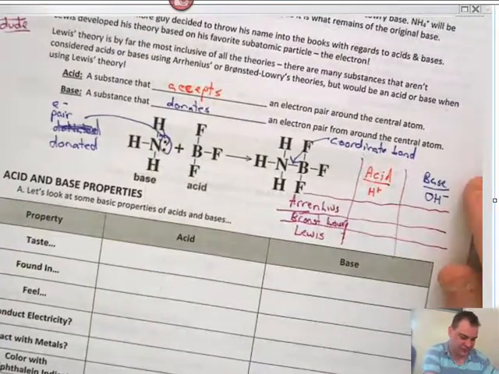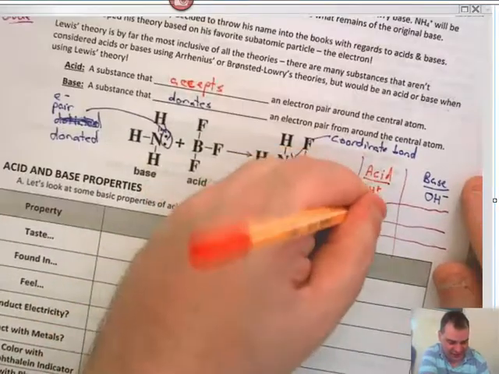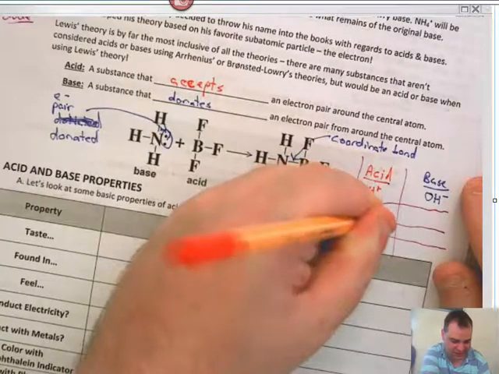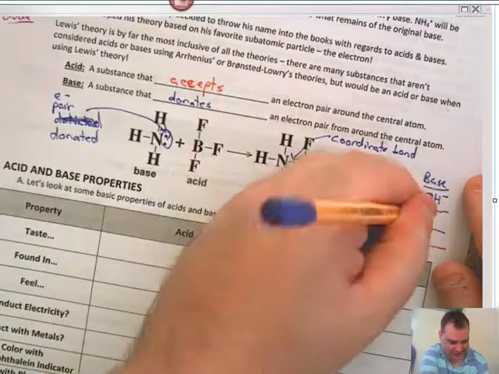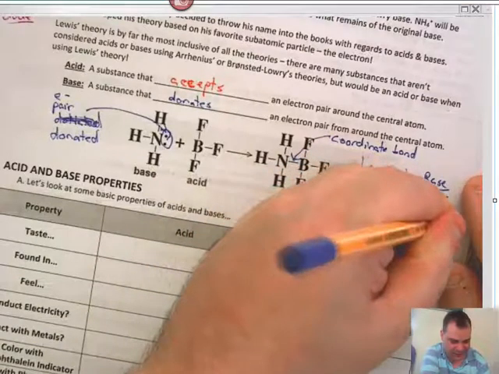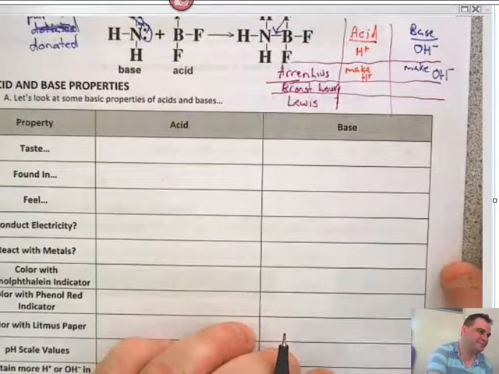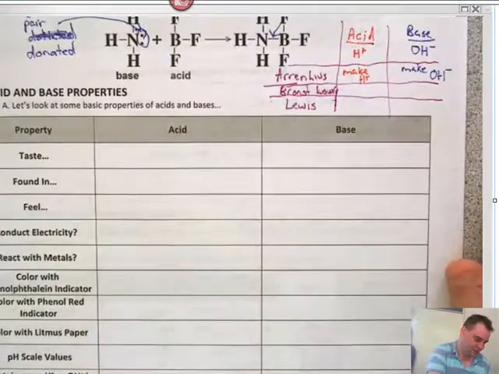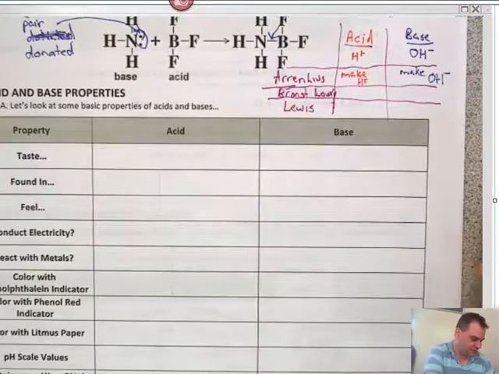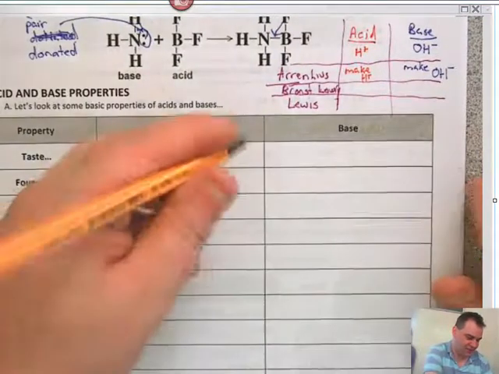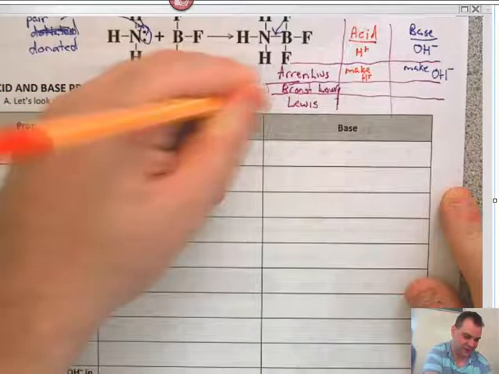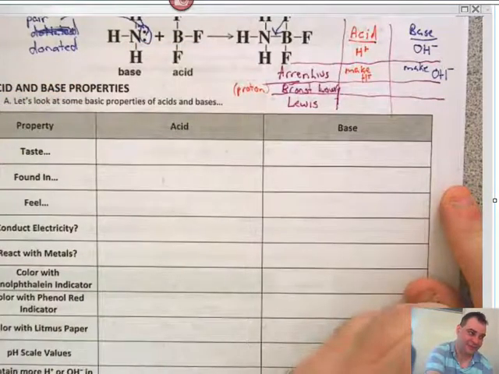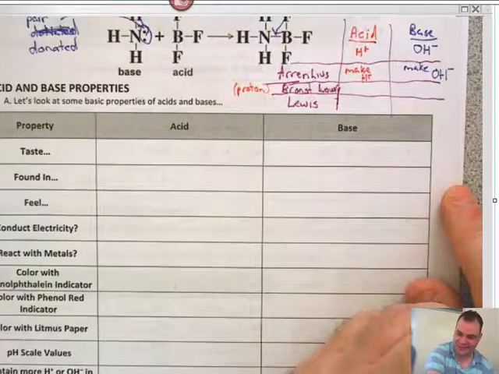So Arrhenius said acids make H plus, bases make OH minus. That is what Arrhenius said. Bronsted-Lowry, remember that these are the proton dudes.